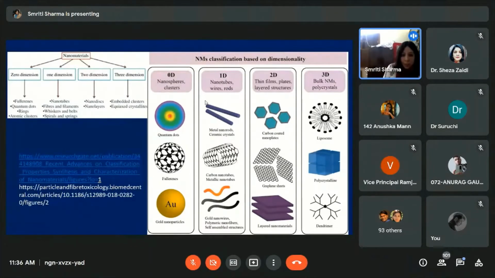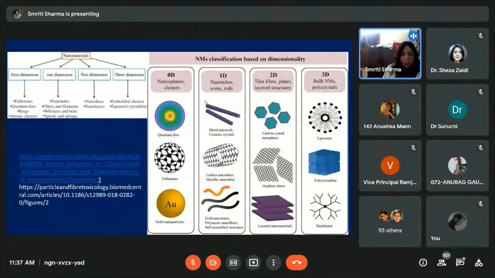Zero dimension would mean all of its dimensions are in the nanoscale. Students mostly get confused that zero dimension means no dimension is in the nanoscale. No, it's the opposite. Zero dimension would mean zero dimensions are in the macro scale. So all the dimensions are in the nanoscale, X, Y, and Z.